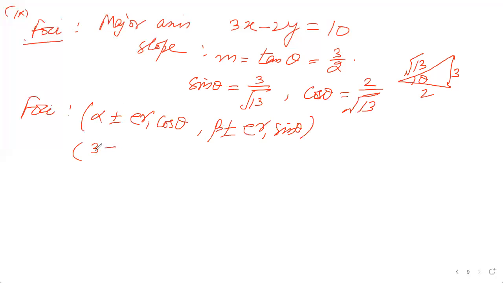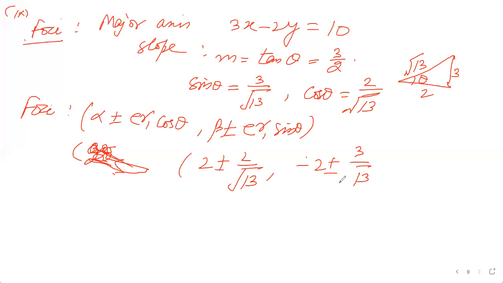So it is coming, and this is 2, alpha 2 आया था, alpha is 2 plus minus 2/√13 and this is minus 2 plus minus 3/√13. These are the things you got.